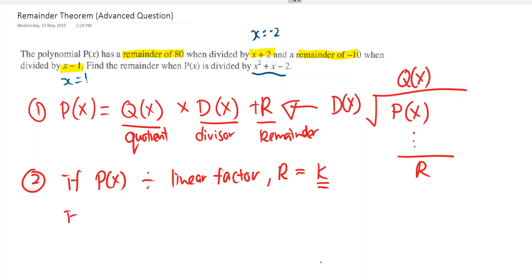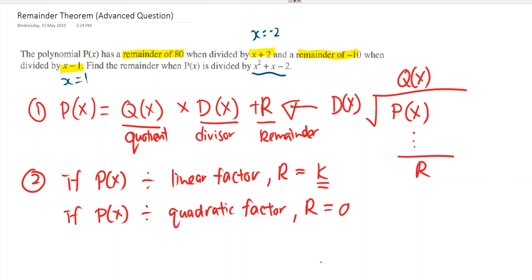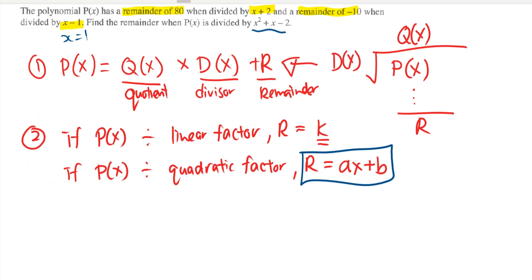But the second kind of concept that most people do not remember is if P(x) is divided by a quadratic factor, your remainder would actually be a polynomial of degree 1. So a polynomial of degree 1, we will write it as ax plus b. And this is the concept that you need to apply in this particular question, because it says that P(x) is divided by a quadratic function.